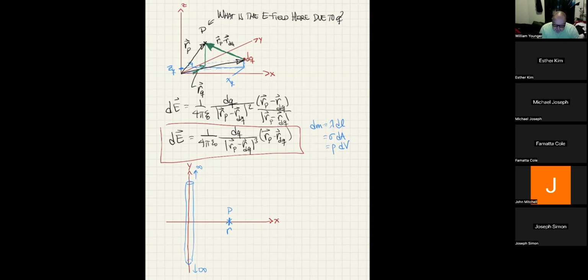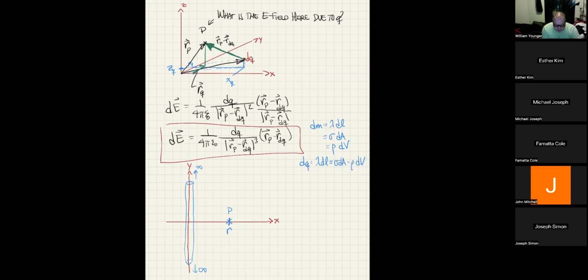Well, we're going to have the same thing now, except we're going to say dq is equal to lambda dL. So it's coulombs per meter, or sigma dA. So it's coulombs per square meter, or rho dV. So it's coulombs per cubic meter.